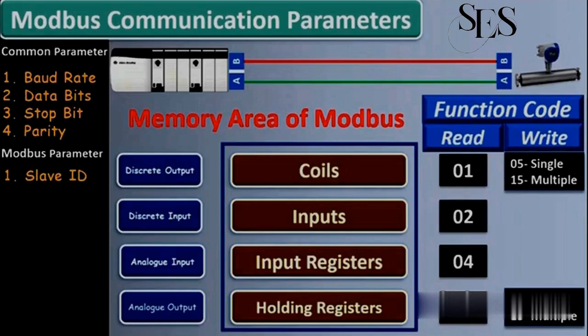As you have noticed, write function codes are for the coil and holding register, which represent digital output and analog output respectively. For input and input register we have only read function codes, as they represent the digital input and analog input, which is a similar case to what we have in our PLC.